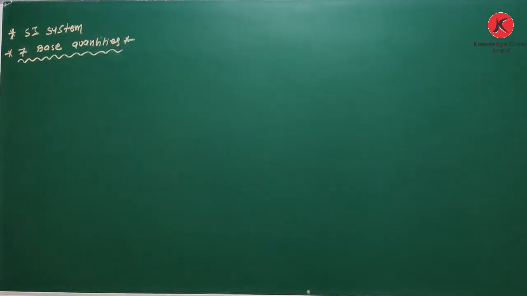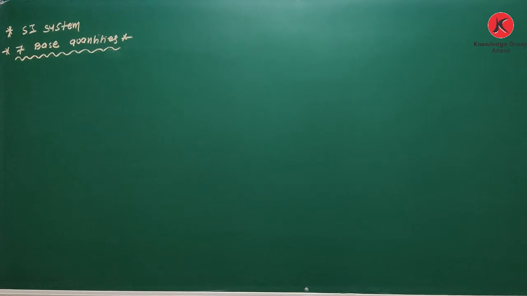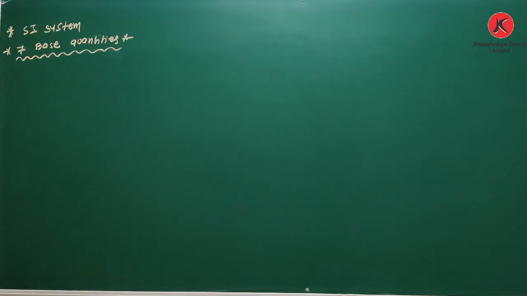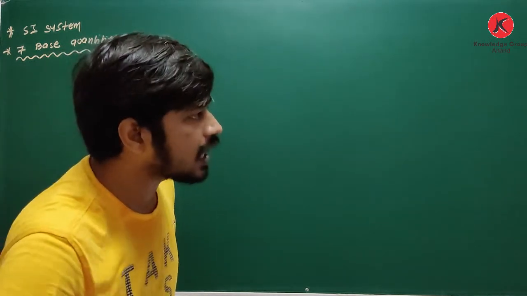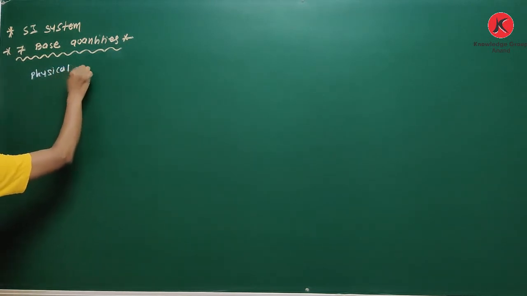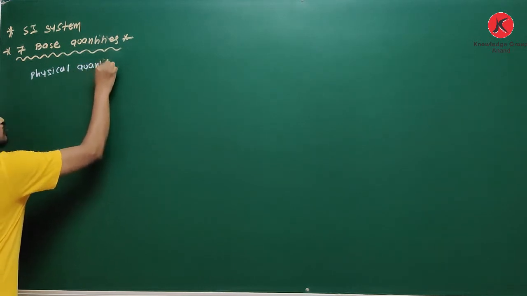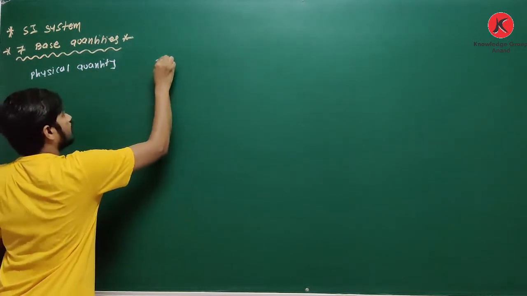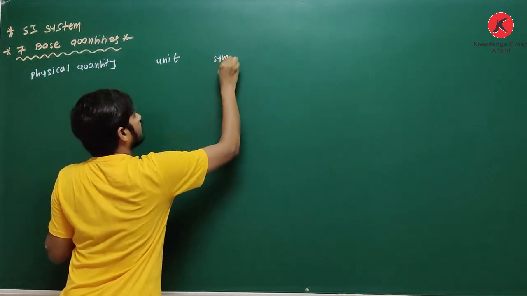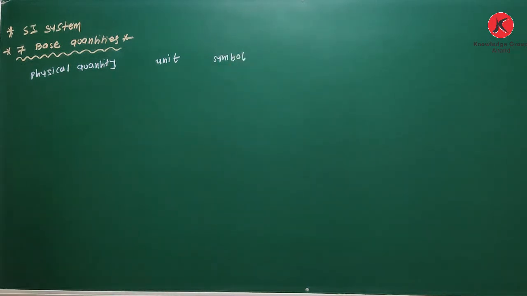In SI system, 7 quantities are considered as base quantities, fundamental quantities. You have to remember these 7 base quantities, their units, and how to denote their symbols. See, here it is: physical quantity, unit, and symbol of unit.